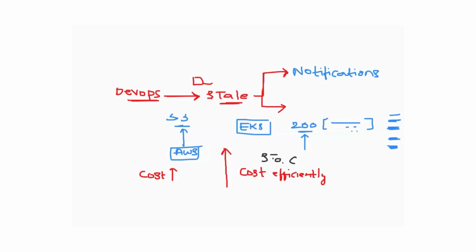Or, if the DevOps engineer has permissions to delete them, which is generally the case, they can go ahead and delete the instances. So there are two possibilities.